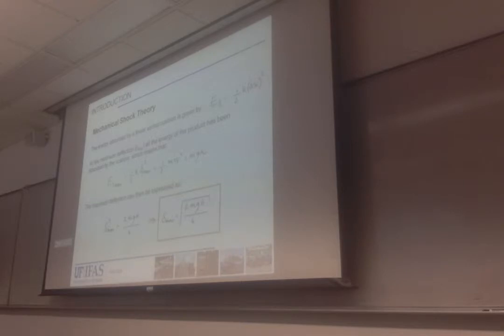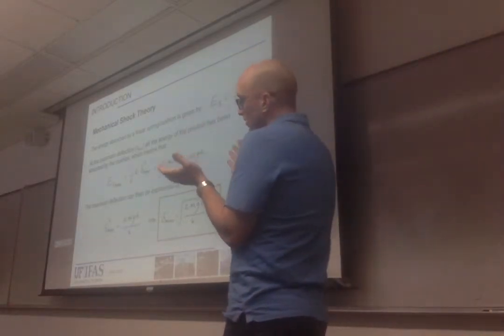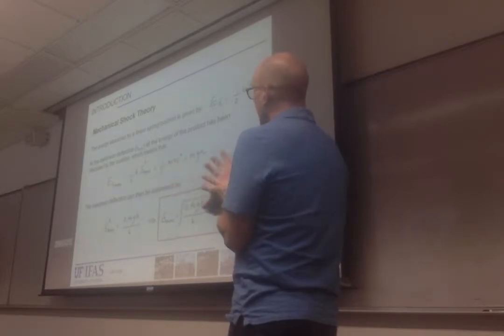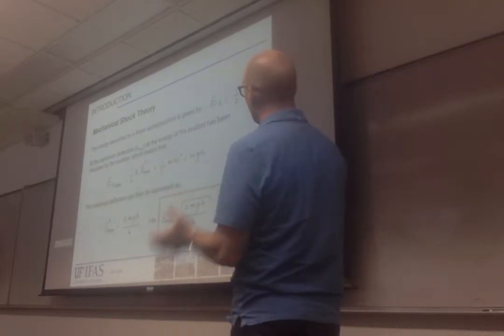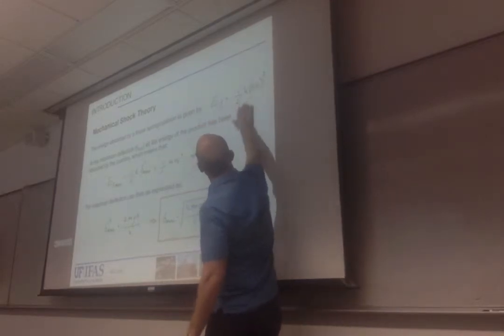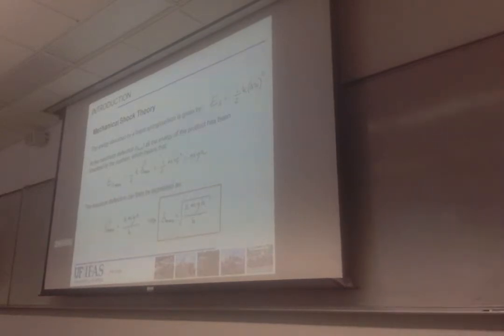If you go back to your physics and look at the energy associated with a spring, you can integrate the force over a distance to find the work done by the spring, which will be equal to the energy. That equation relates to the energy absorbed or provided by a spring: 1/2 the spring constant times the displacement squared.